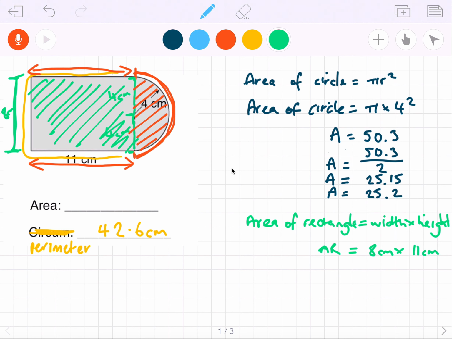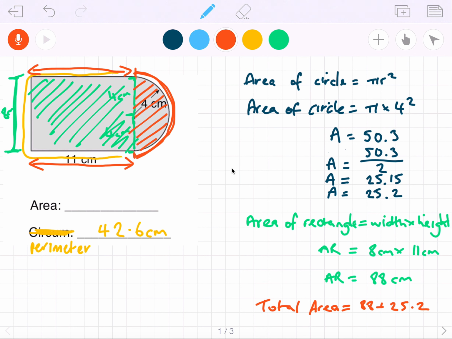We can say that the area of the rectangle, don't need a calculator for that, equals 88 centimeters squared. So to calculate the total area, let's do that in red. The total area equals 88 plus 25.2.